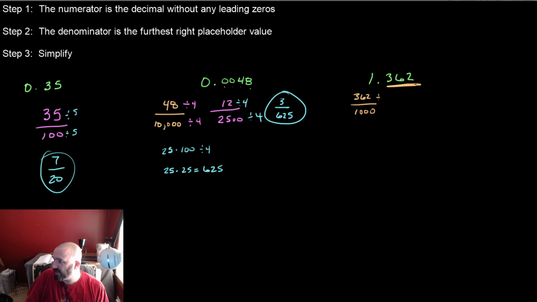I can divide this by 2, top and bottom. This is going to give me 181 over 500. And now this is only divisible by 2's and 5's, and 2's and 5's don't, in fact, divide 181, so we're done. Now we just bring down our 1, so our final answer for this particular one is going to be 1 and 181/500.